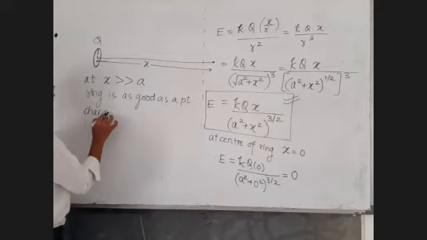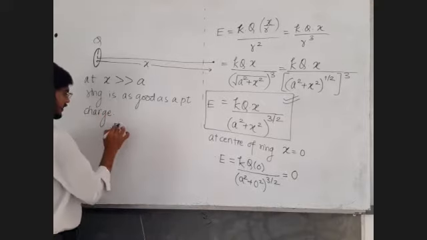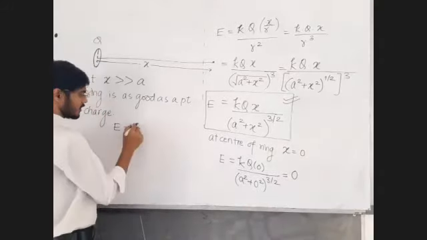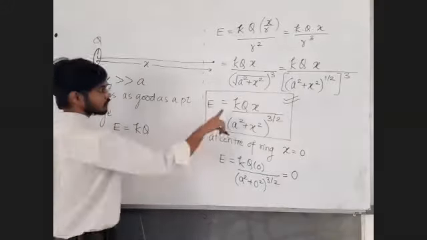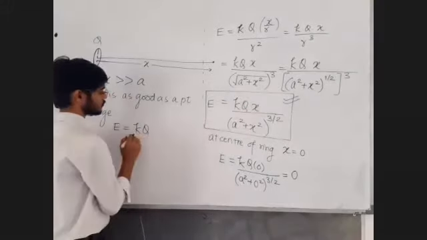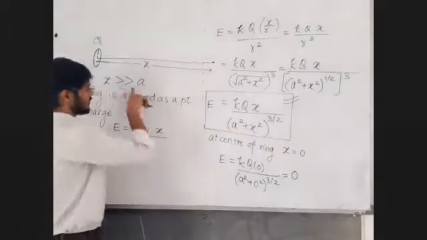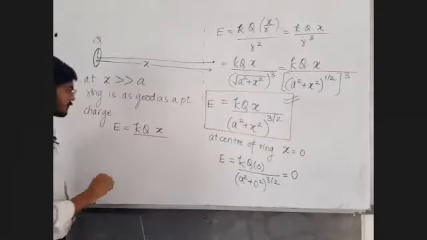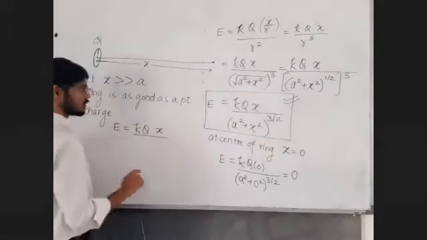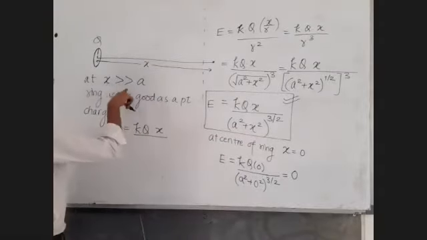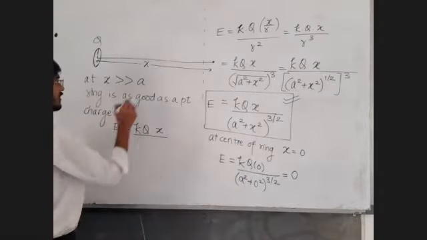Now the electric field will be equal to what? Same formula: K into Q into x, whatever x is there, but that is a very large value compared with a. But a square plus x square, x is very, very large than a.